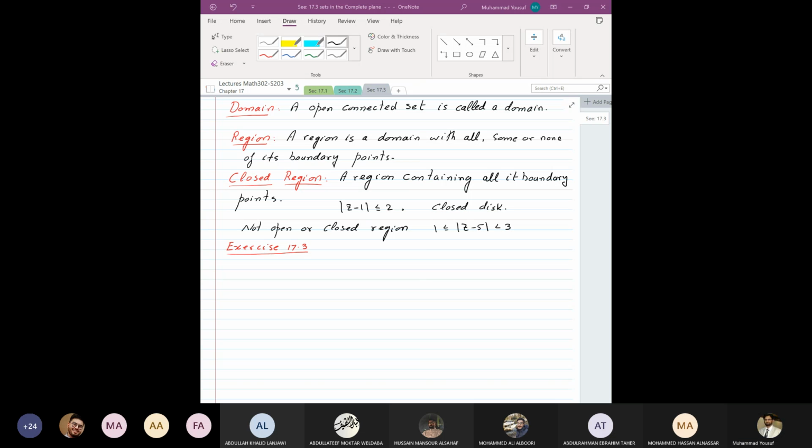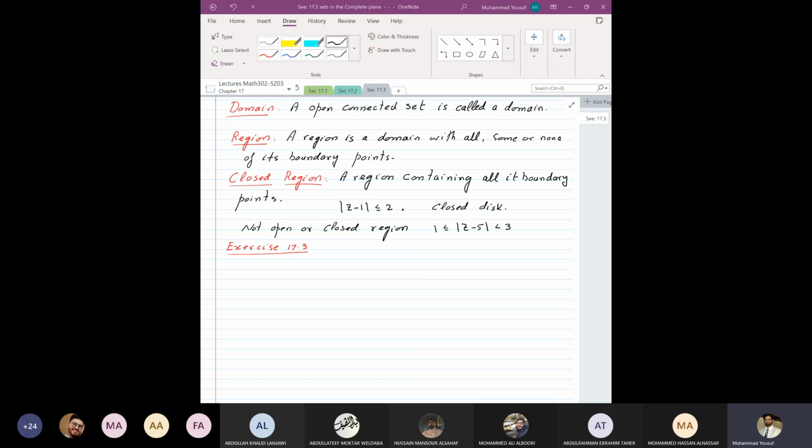Similarly, in question number 4, the imaginary part of z minus i, that is x plus iy minus i, is y minus 1, and the real part of z, that is x plus iy plus 4 minus 3i.